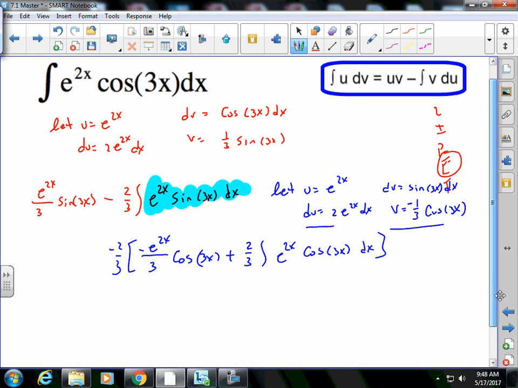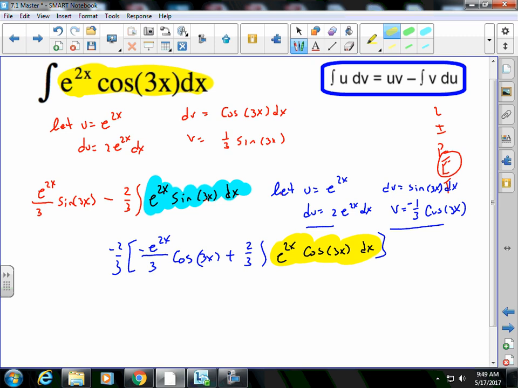I stop for a second, and I notice, hopefully, that this looks an awful lot like this. If I do this over and over again, I'm going to go on to the ends of time. But I notice at this point that I have where I started.